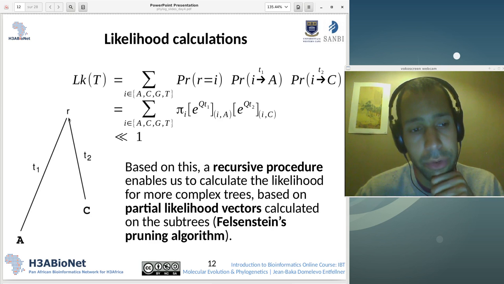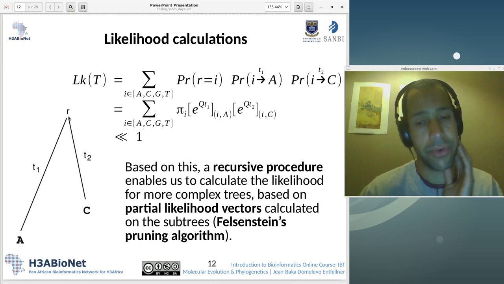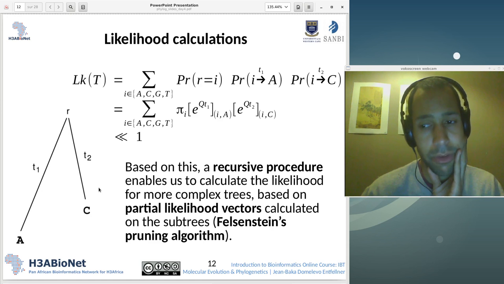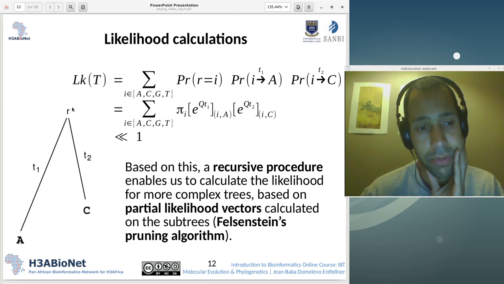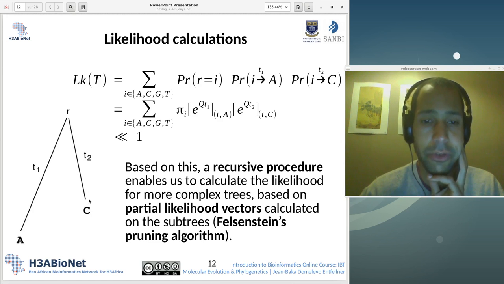And also we must have I evolve into C over a time t2. So the probability for this evolutionary history with a character I here is the product of the a priori probability to have I, times the probability of transformation from I to A, and the probability of a transformation from I to C on this branch.